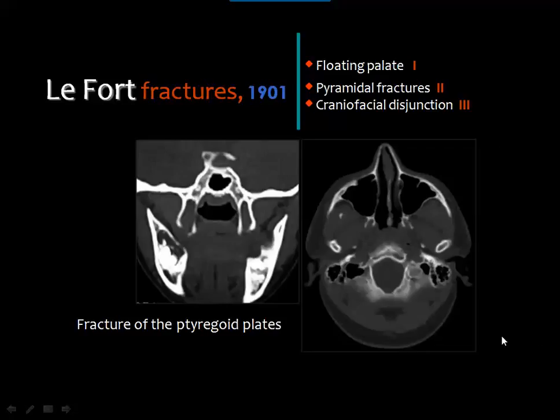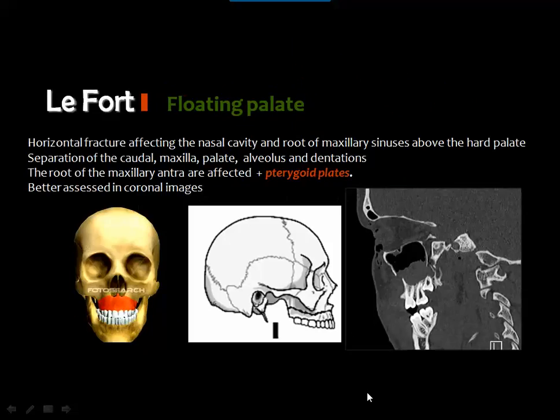The most important finding for a diagnosis of Lefort fractures is to look at the pterygoid blades, and these are the pterygoid blades in the coronal images, and here the pterygoid blades in the axial images. All types of Lefort fractures should pass through the pterygoid blades in order to consider them as Lefort fractures.